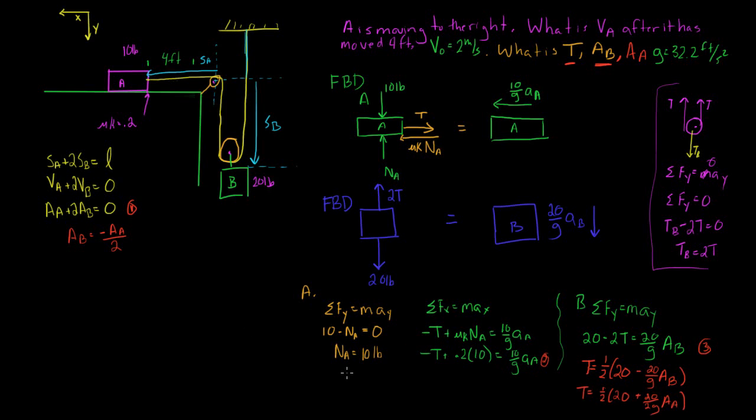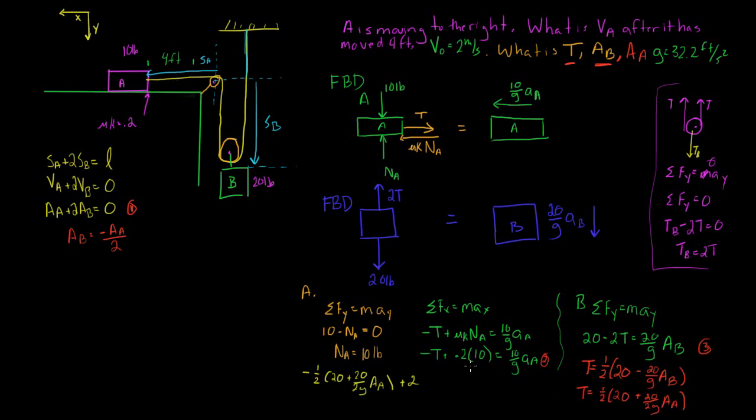And when we do, we get minus 1/2 times 20 plus 20 over 2g times a_A. This right now is just this expression for t, plus 2.